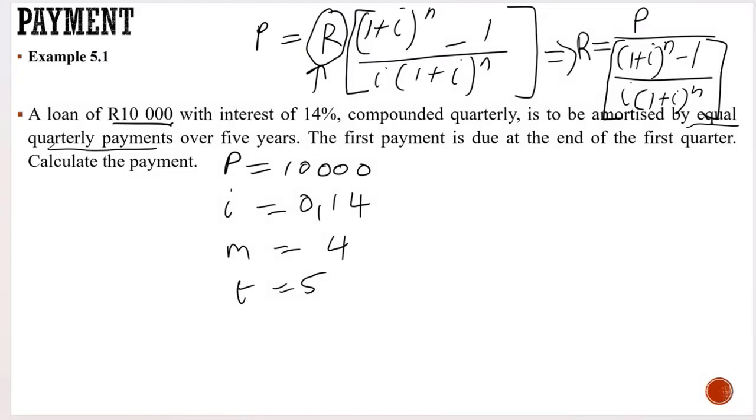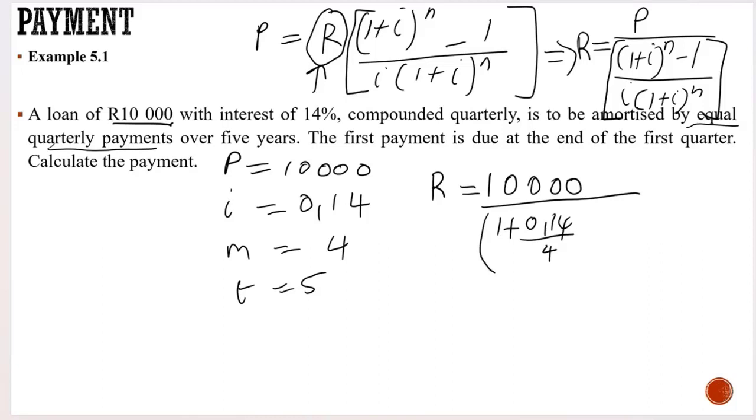You're just using this formula, so you plug everything in. Your R is going to be equal to P, which is 10,000, divided by 1 plus i to the power n, minus 1, divided by i into 1 plus i to the power n. What is your i? It is 0.14 divided by 4, because it is compounding quarterly.